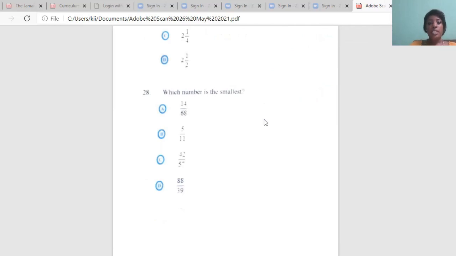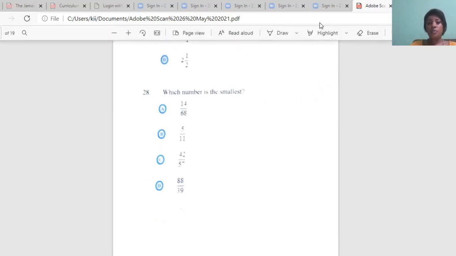Which number is the smallest? Sorry, and we have to reduce. It's safe to say this is 57. So the first one is 14 and 68.